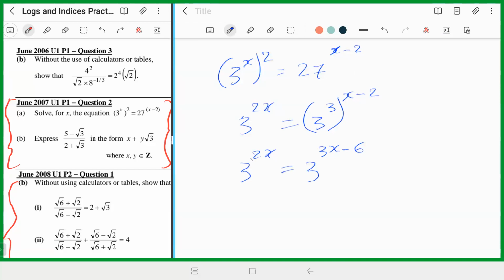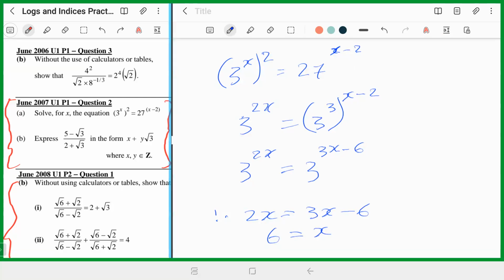Once you have the same base on both sides, the 2 powers must be equal. Therefore, 2x equals 3x minus 6. Take the 3x over and subtract it, and add the 6. I'm going to get x over here equals 6 over there. So x equals 6. That one okay, right? Nice and easy. Applying the laws of indices.